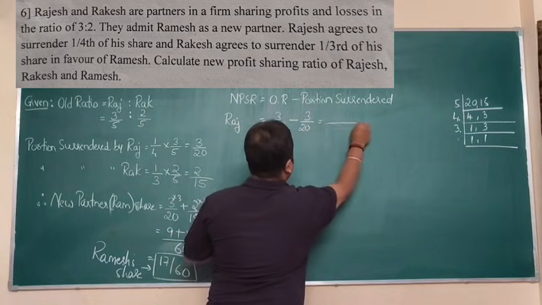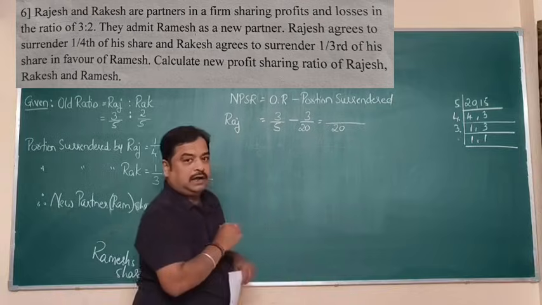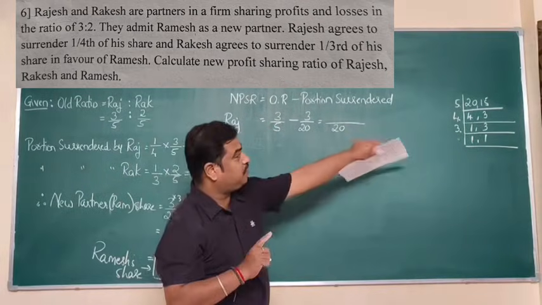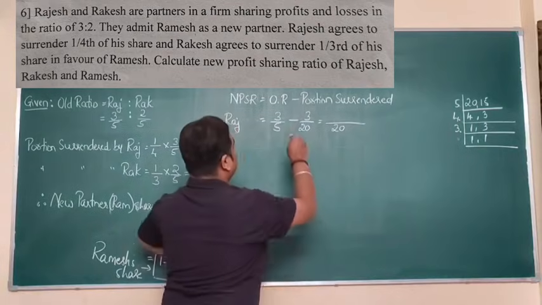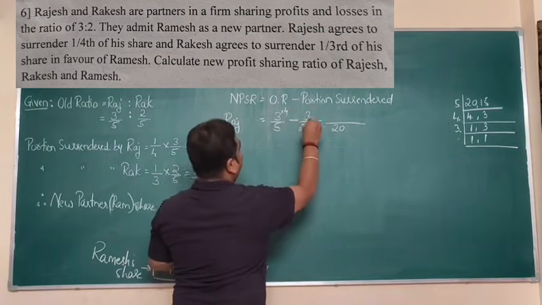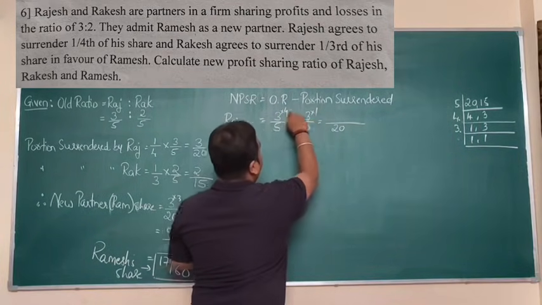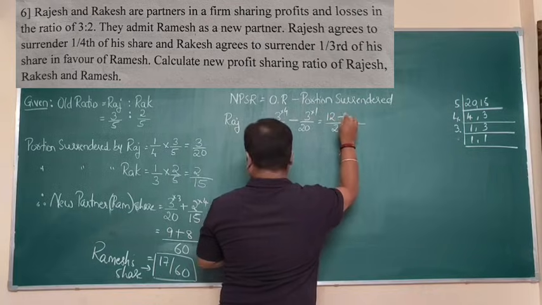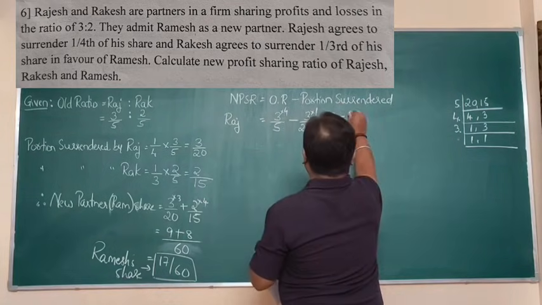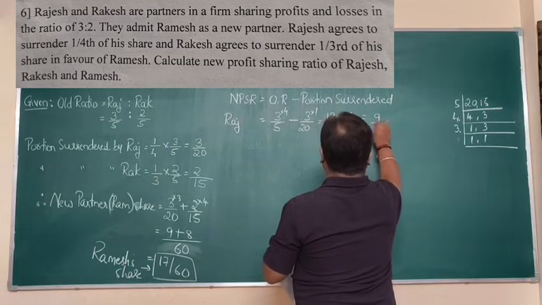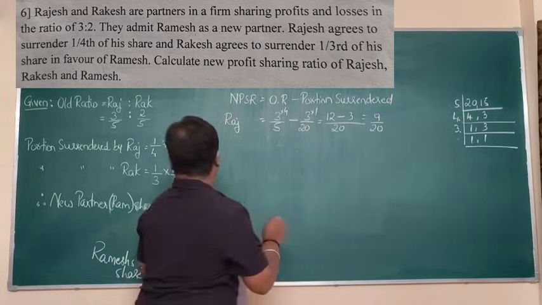So the common LCM will be what now? 20. I have shown you one technique here, the school method technique. Kindly use it. 5 4s are 20, 20 1s are 20, 3 4s are 12 minus 3 1s are 3, 12 minus 3, it is 9 by 20.